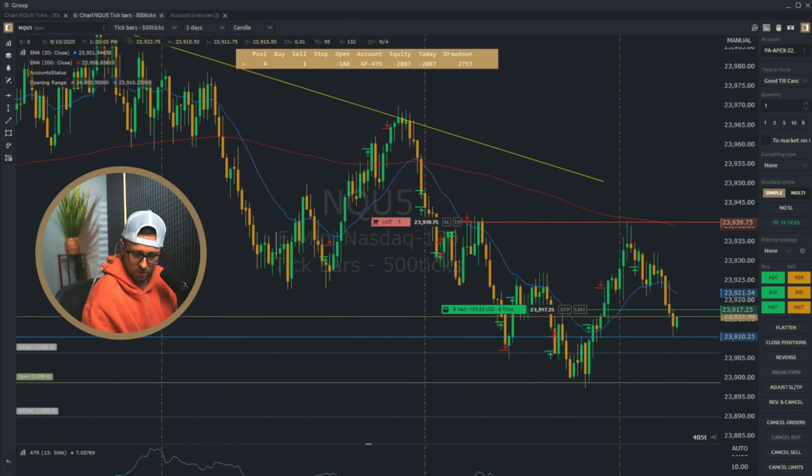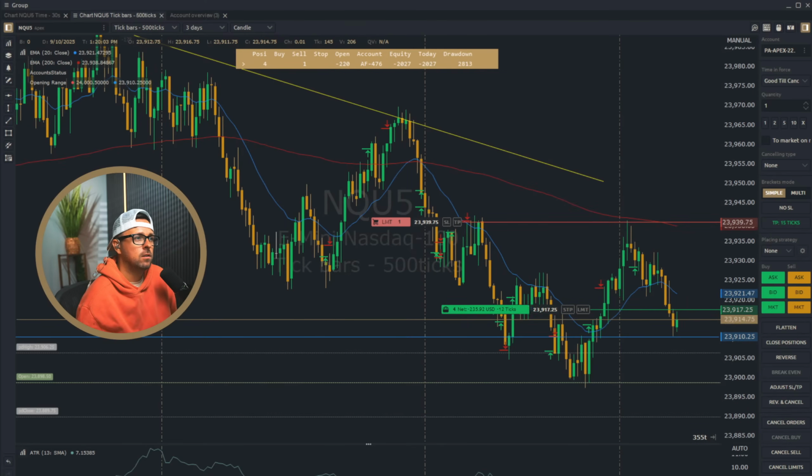Well, this price action is not working in my favor now. It was, but now it's not. I wonder what the delay is though. I can't do ultra low. One, 2, 3, 4, 5. 5 seconds.